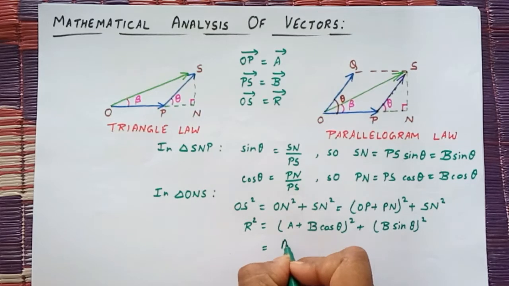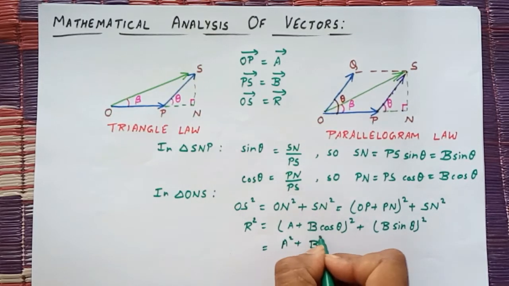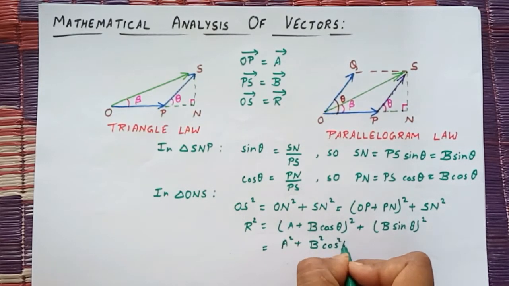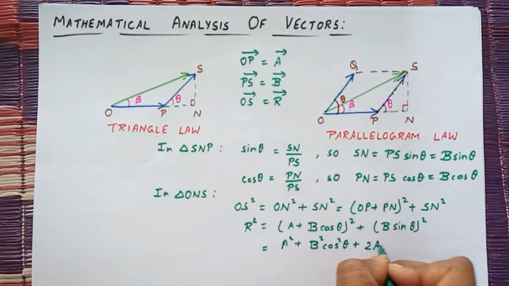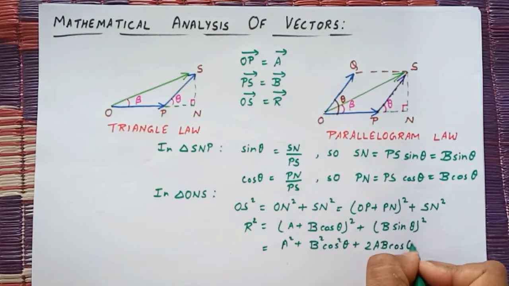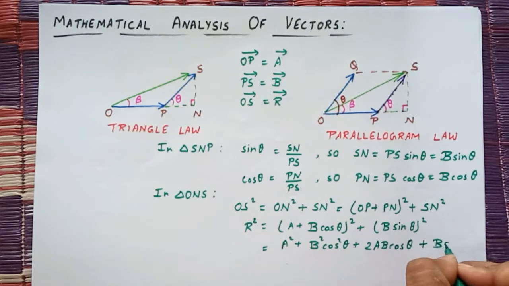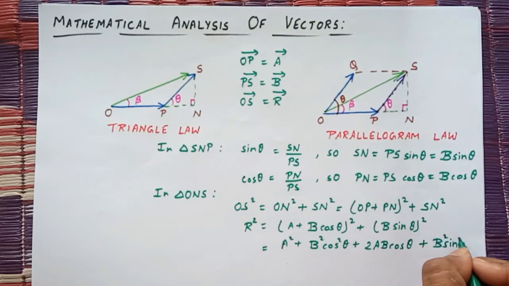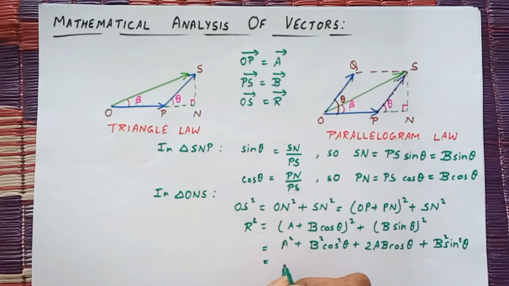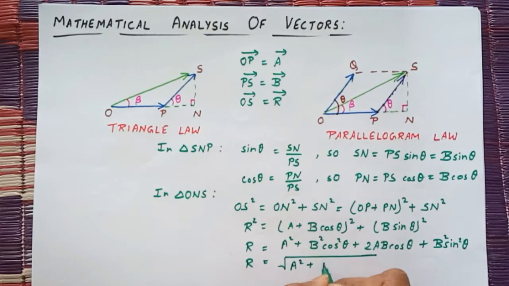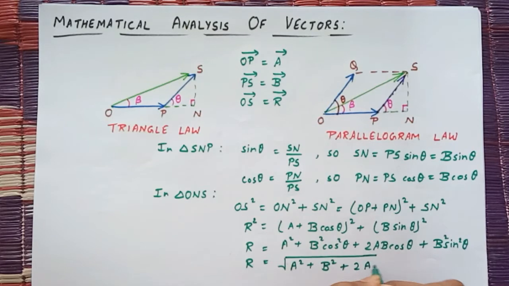After opening it, we will get A square plus B square cos square theta plus 2AB cos theta plus B square sin square theta, and R will be equal to square root of A square plus B square cos square theta plus B square sin square theta will give us B square only, plus 2AB cos theta.